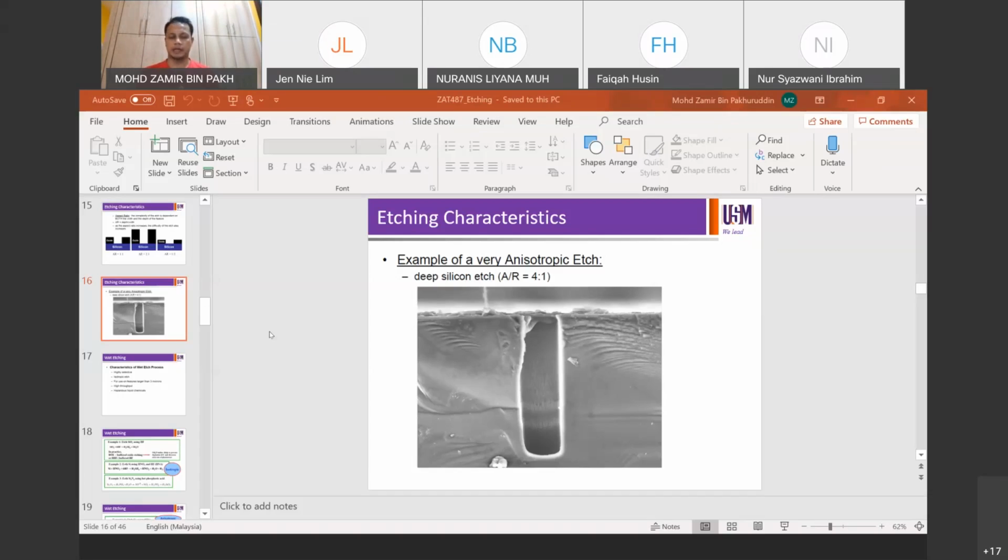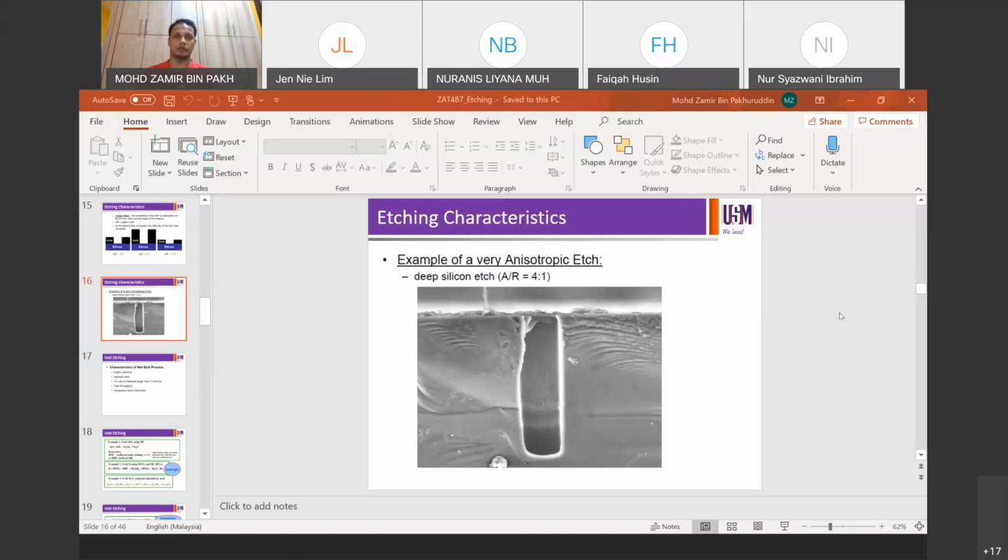Then we have also learned about anisotropy. How would you define anisotropy, or anisotropic versus isotropic? Yes, good. Unidirectional versus non-directional. Which one is unidirectional? Satu direction? Good.